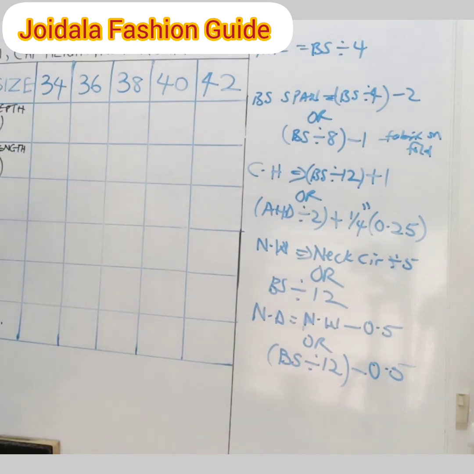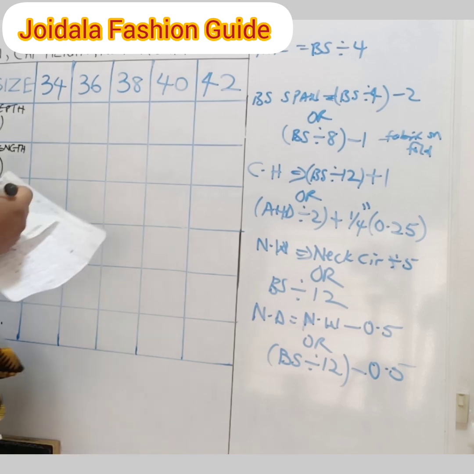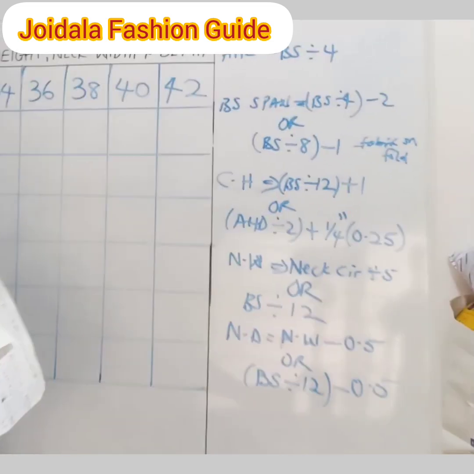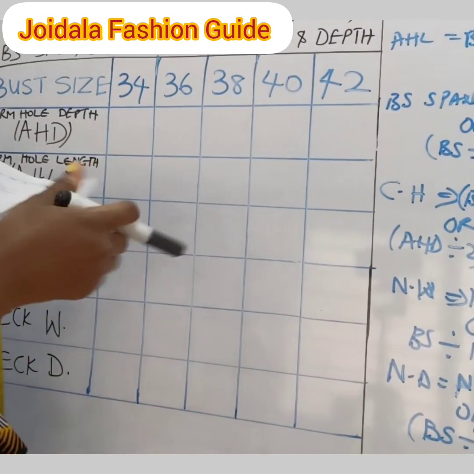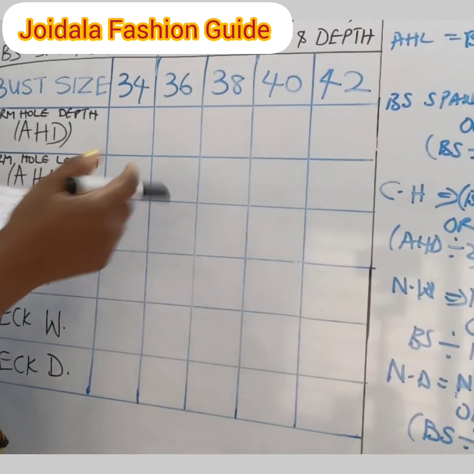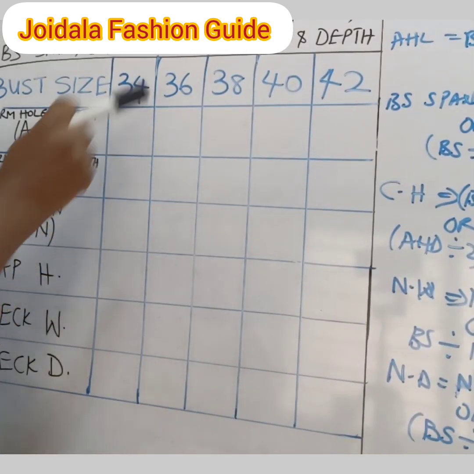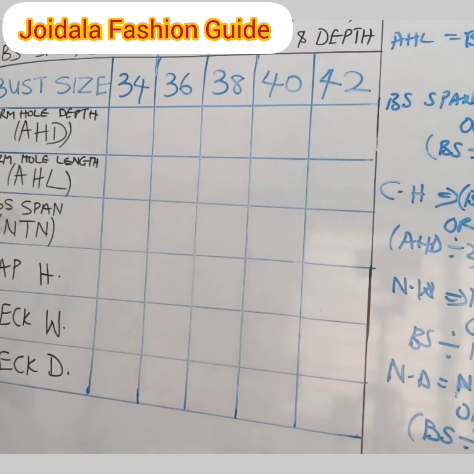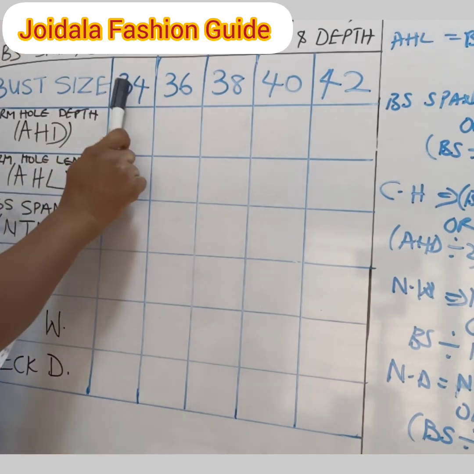So we are going to be looking at some examples. Let me just start from the beginning. We have bust 34.